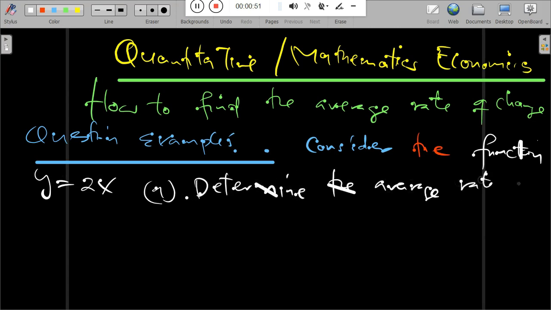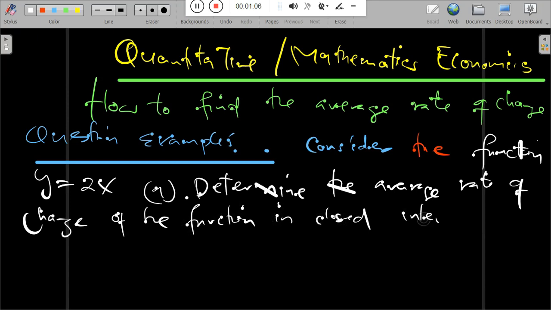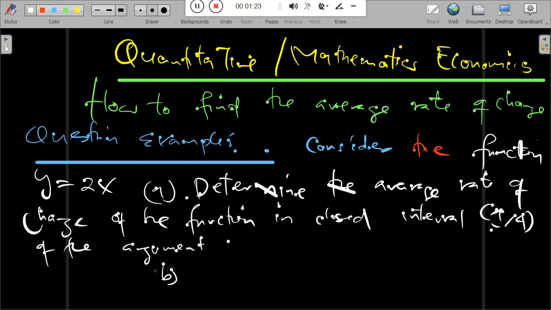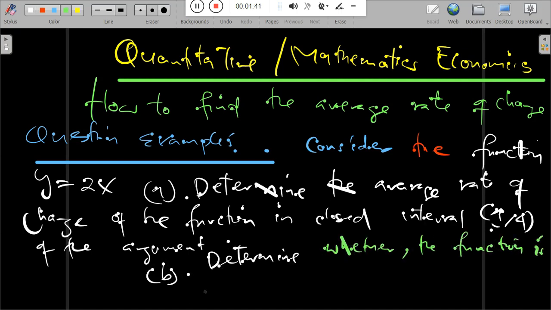For example, let's consider the function y is equal to 2x. Suppose, in part A, we are required to determine the average rate of change of the function in the closed interval of 1 and 4 of the argument.